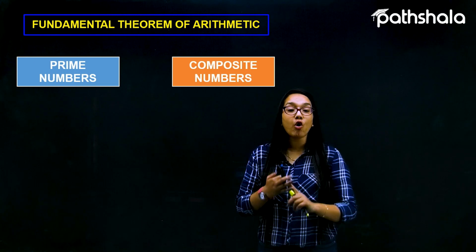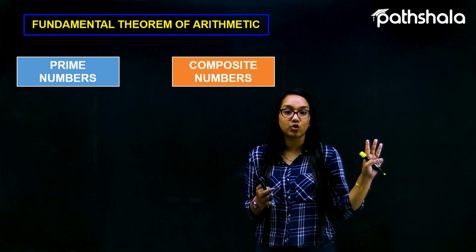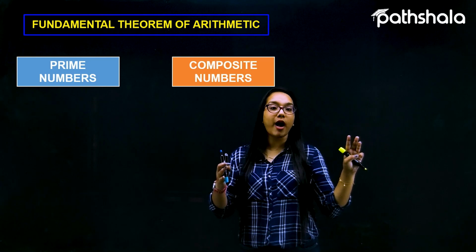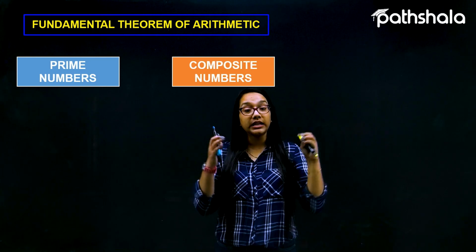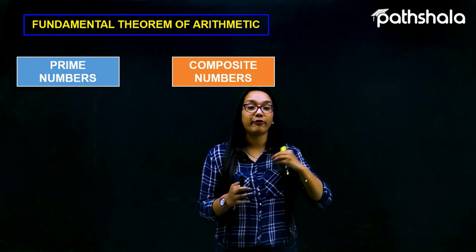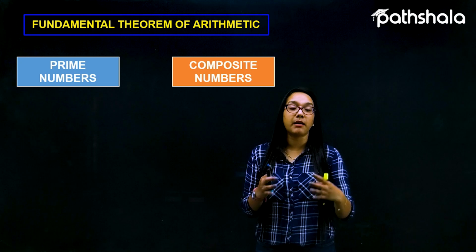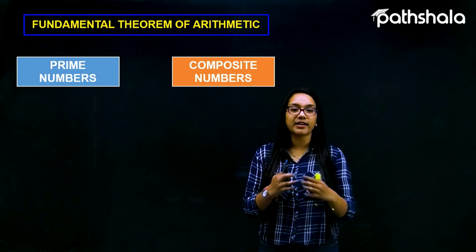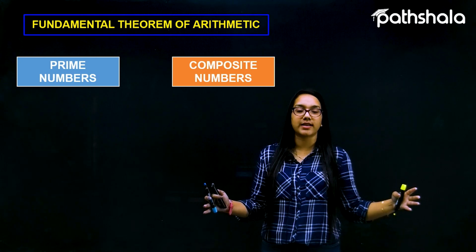It means 4 has 3 factors in total. So any number which has more than two factors is called a composite number. So 4, 6, 9, 10, and so on, these numbers are called composite numbers.